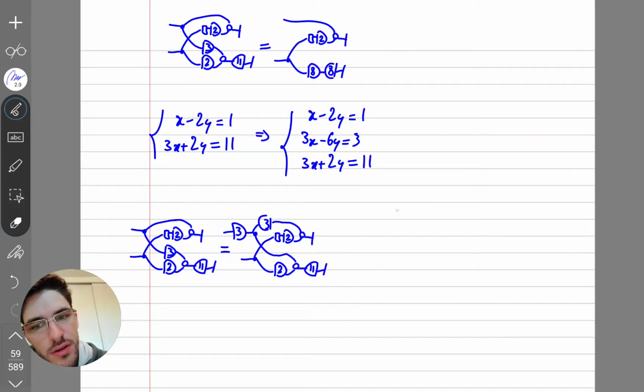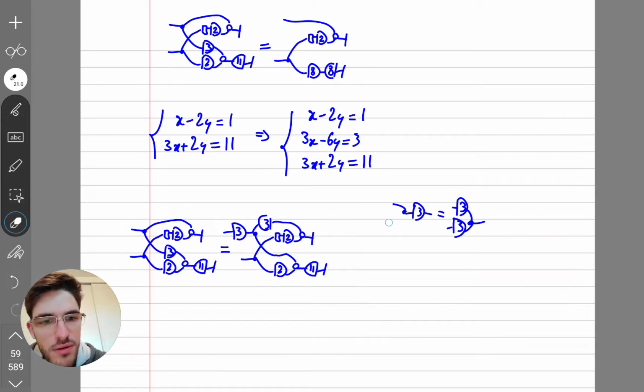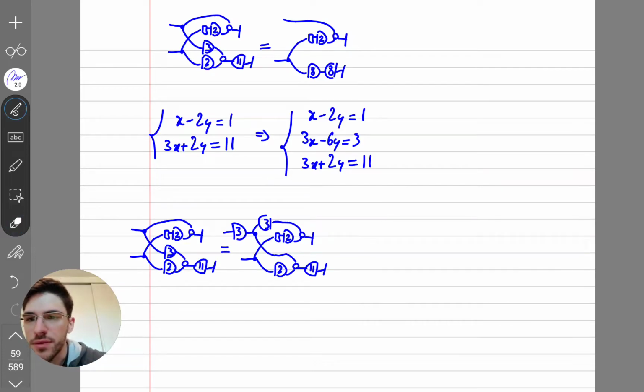I'm essentially using the fact that 3 is the same as 3. So this is x equals y, and z is 3 times those two, and then this is the same thing. So the first step might be there.